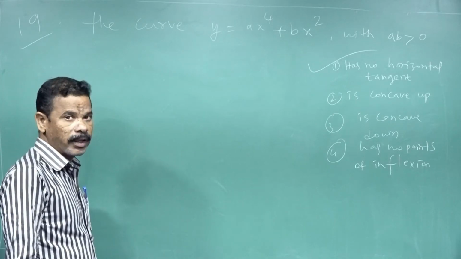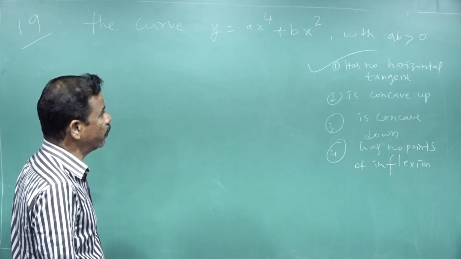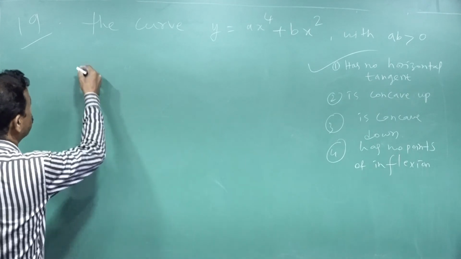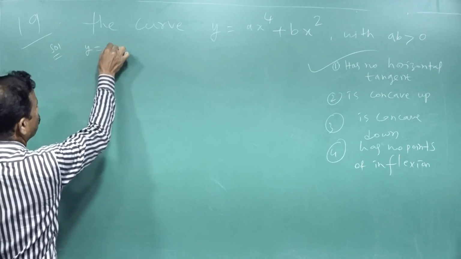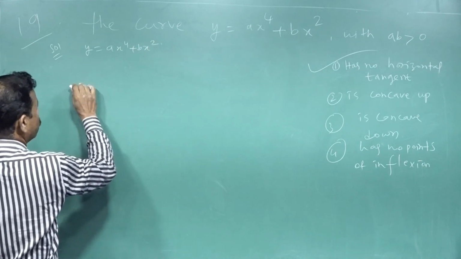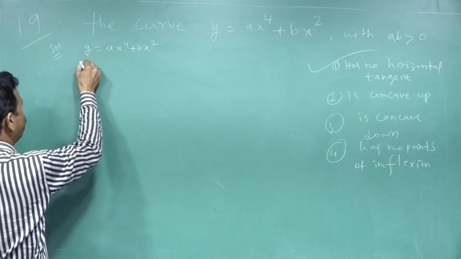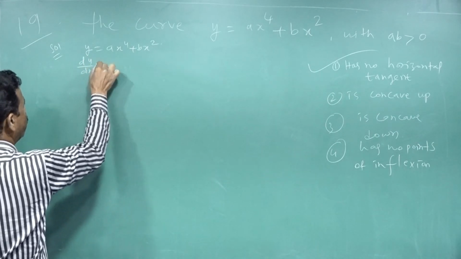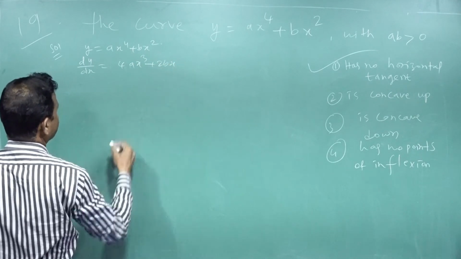19th question. The curve y is equal to ax power of 4 plus bx square, with ab greater than 0. So the given function is y is equal to ax4 plus bx square. For the tangency or concavity, differentiation is needed: dy by dx. Find 4ax cube plus 2bx, this differentiation.